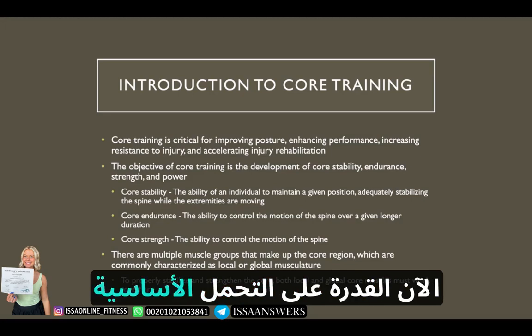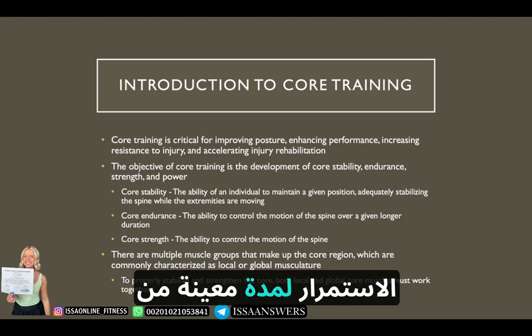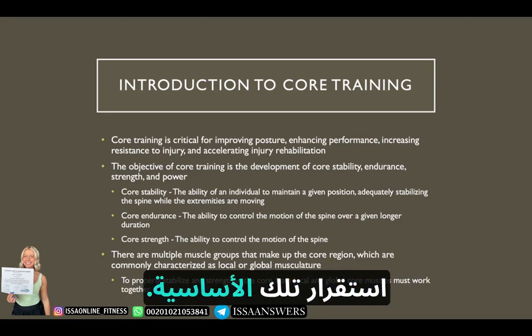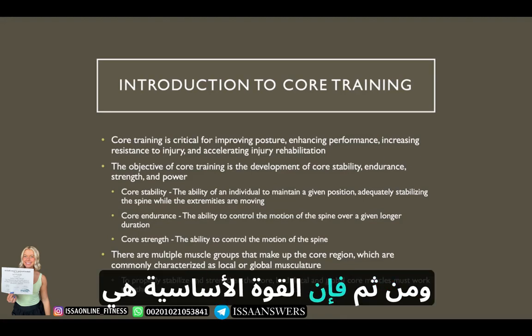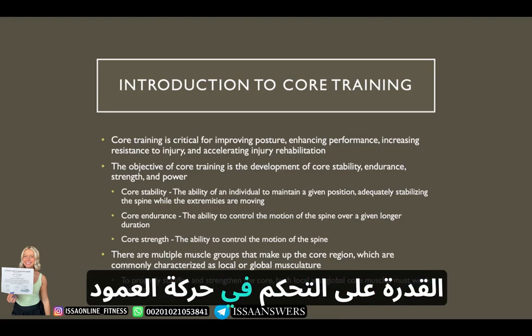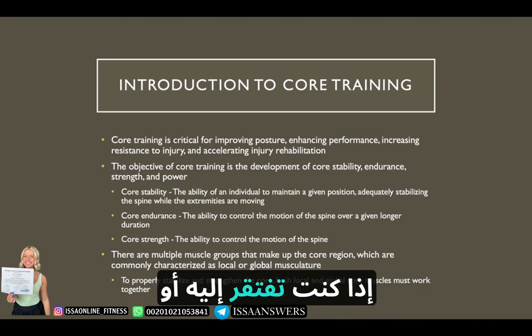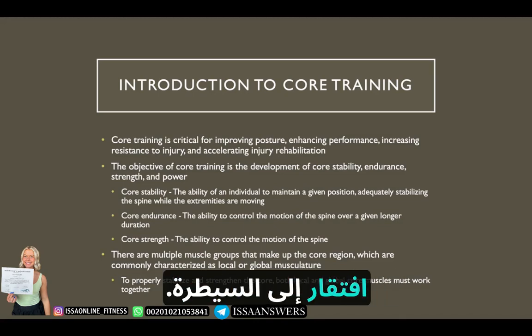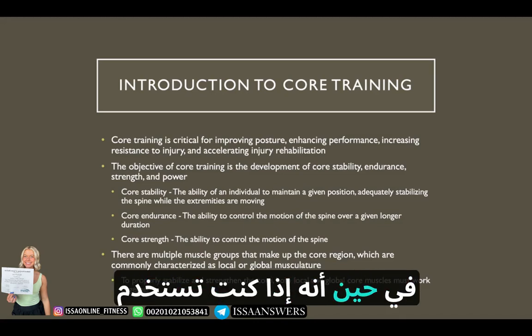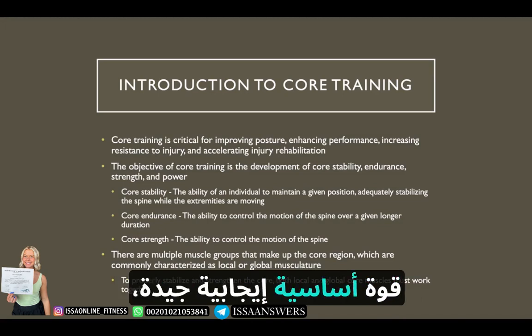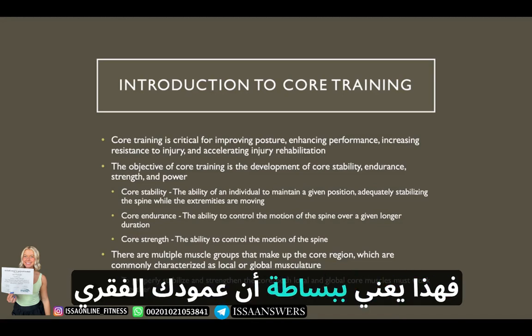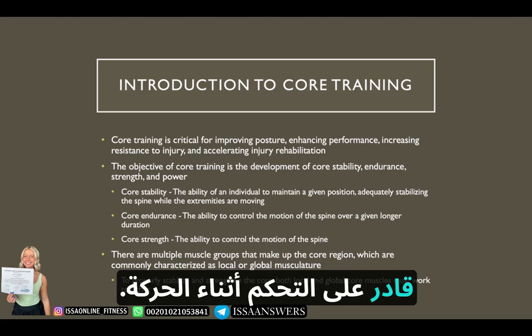Now, core endurance is basically being able to go for a given duration of that core stability. All right, and then core strength is the ability to control the motion of the spine. If you lack it, you will just have a lack of control, whereas if you have good core strength, that just means that your spine is able to be controlled during motion.